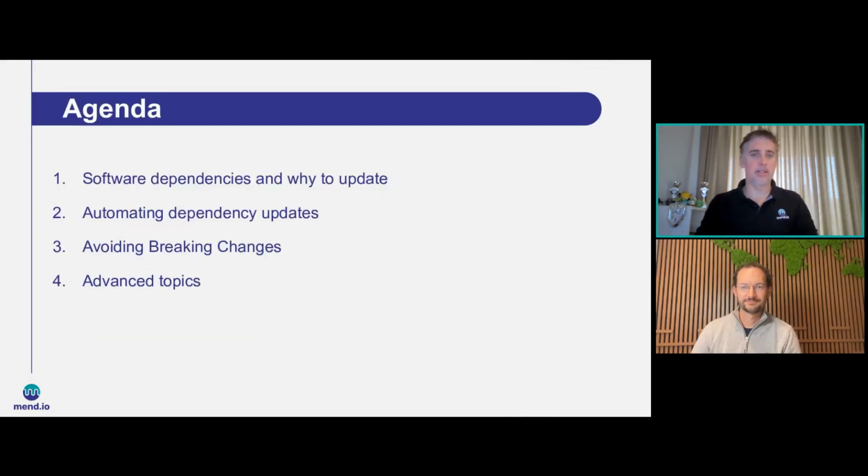So let's take a look at the agenda for today. First, we're going to work over the topic about dependencies and updating dependencies, why it's important to update dependencies, and really cover over the pros and cons in that. And then we're going to move on to really what's at the core of this seminar, which is automating dependency updates and how transformative that can become.